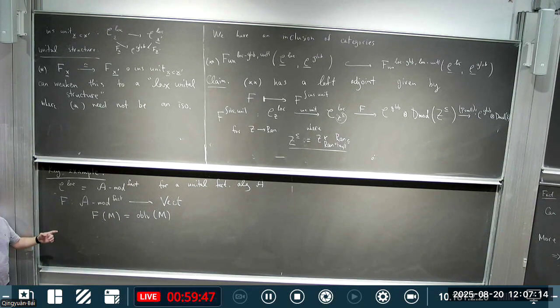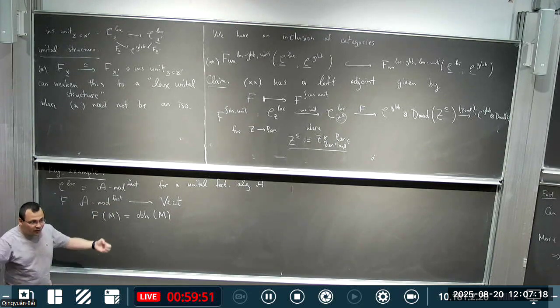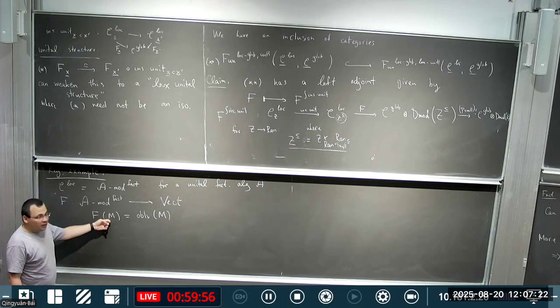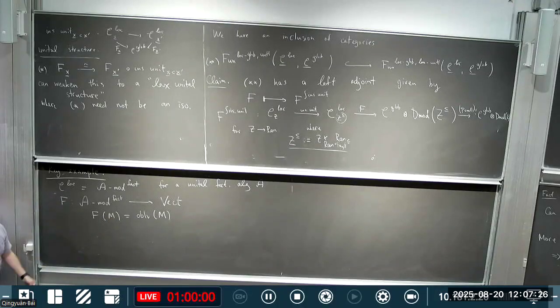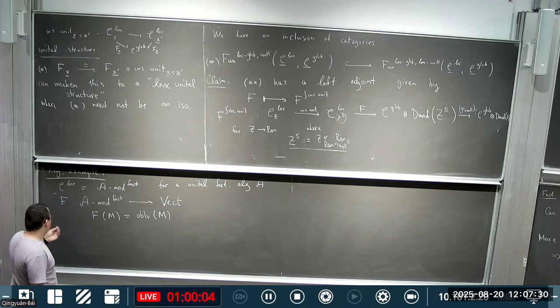Yes, is that correct? So the data of a factorization module comes with, this is just evaluating on the point of the Ran space on which M lives. That's the underlying vector space.